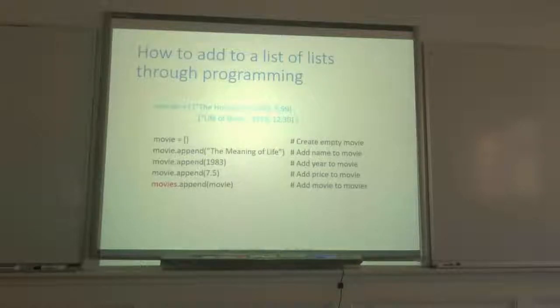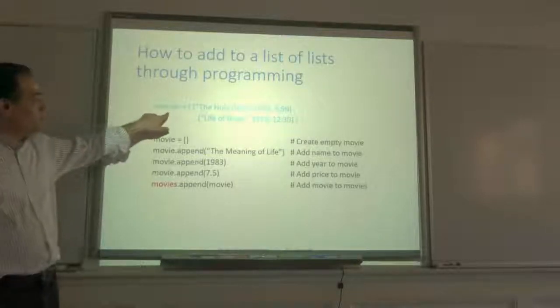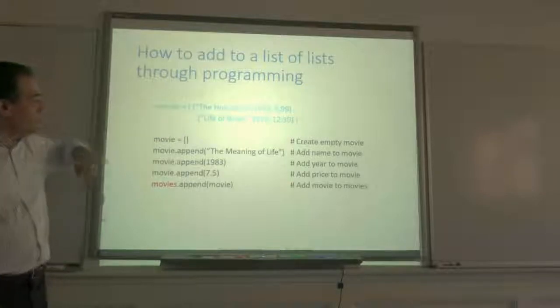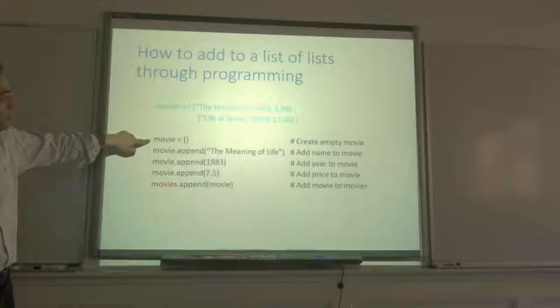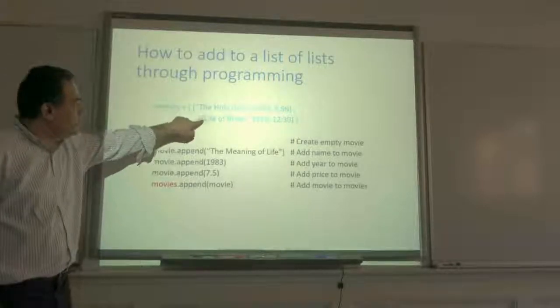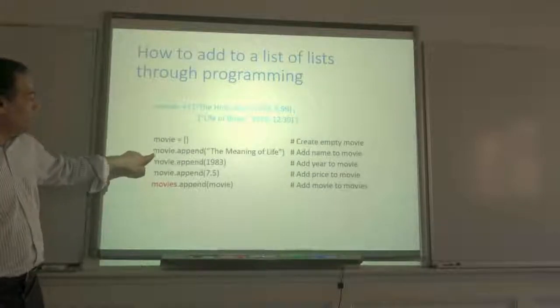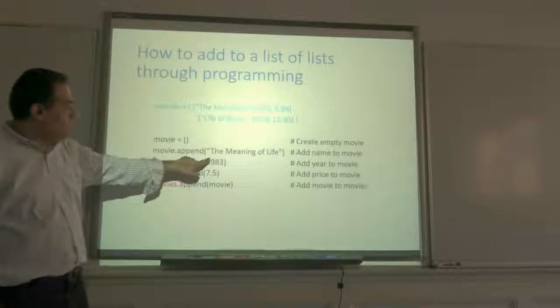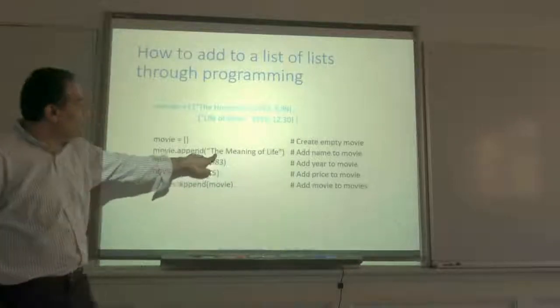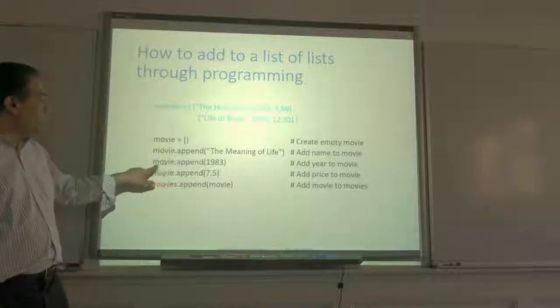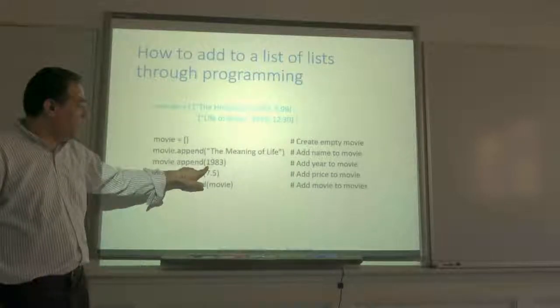All right. So in here, for example, as you see, there's movies. How many do you have in here? 2 movies. So, create an empty movie. This is a movie. This is another movie. So movie append. You're gonna append the first item to it, the meaning of life. Then you append to it the year it was produced.